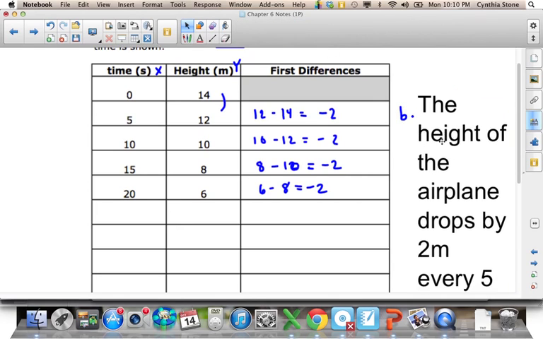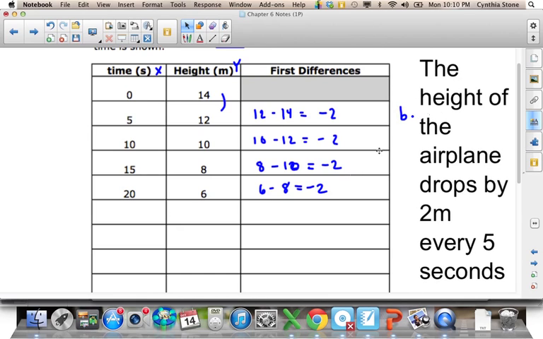I'll use a text box for that so you can read it. There we go, that's my answer to part B. The first differences represent that the height of the airplane drops by 2 meters every 5 seconds.